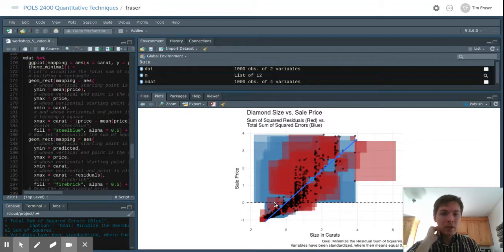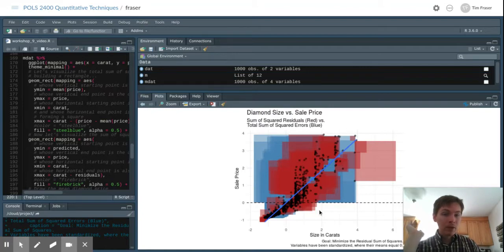And we are able to draw squares that begin at the average price and go up to the observed price. Somewhere out here there must be an observed price. When we draw a square from this point down to the dotted line, this is how far away each diamond's price is from what we predict on average, right here.